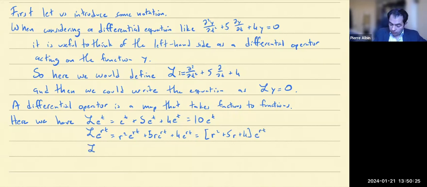You could also plug in a polynomial, say you just plug in t to the n, then you'd get n times n minus 1, t to the n minus 2 from this first term, plus 5n t to the n minus 1 from the second term, plus 4 t to the n from the third term, and so on.